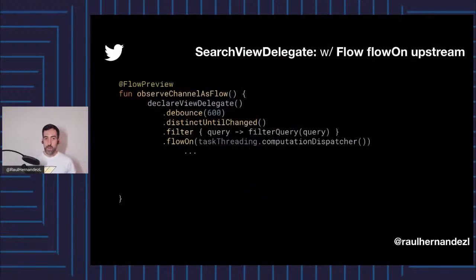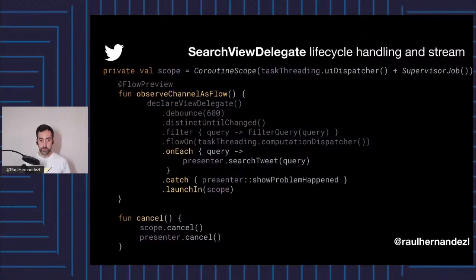If we want to do the same with channels, this is actually the flow that we have retrieved from the block that we saw earlier. This is exactly the same operators. So that's the debounce, that's distinctUntilChanged, that's filter, and that's flowOn. That, remember, is upstream. So everything from filter to the top is going to be under the computation dispatcher.